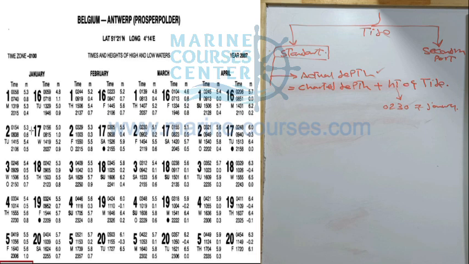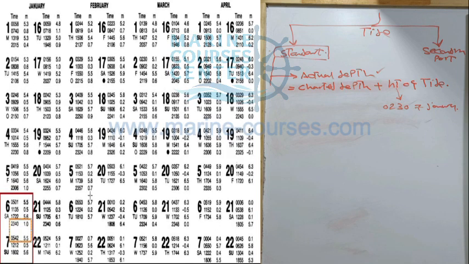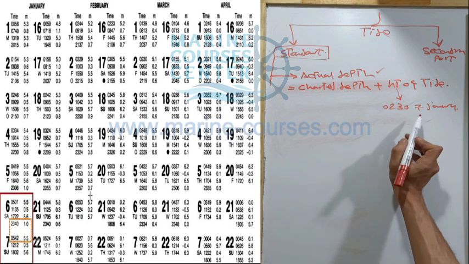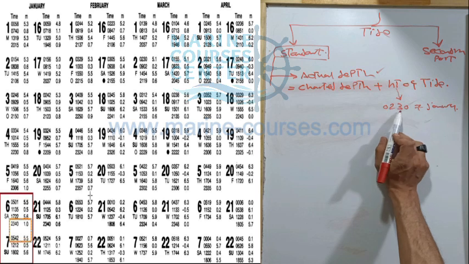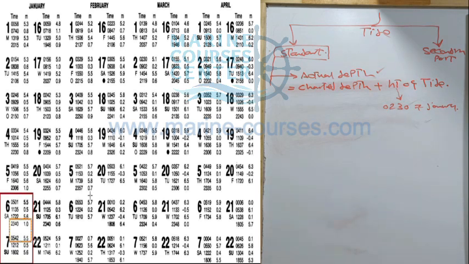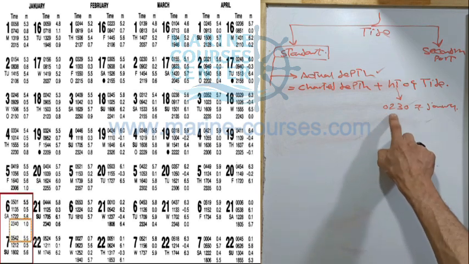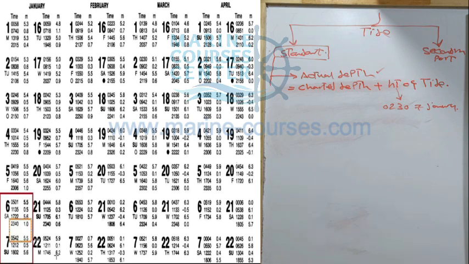So first we want to find the height of tide at 7 January at 0230. So here we have January, and here we have 6, and here we have 7. So we want to calculate it at 0230. You can notice here we have this between 6 of January and 7 of January.